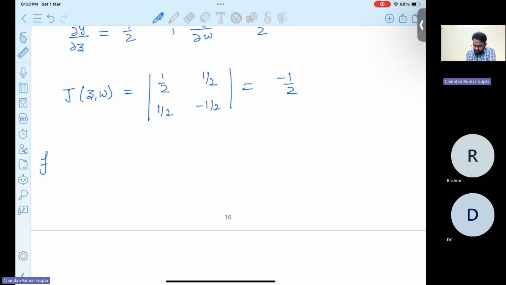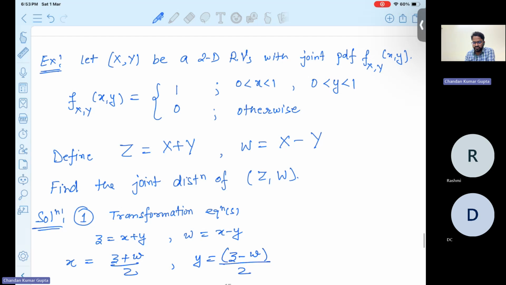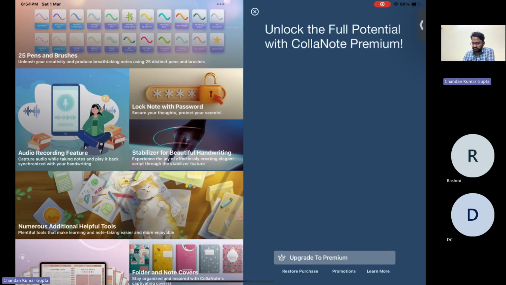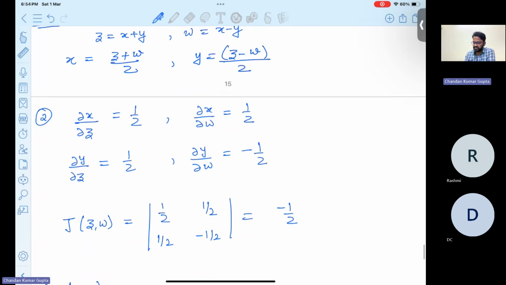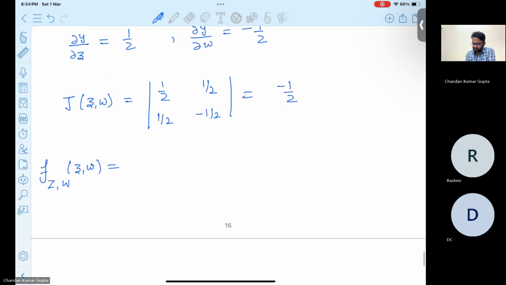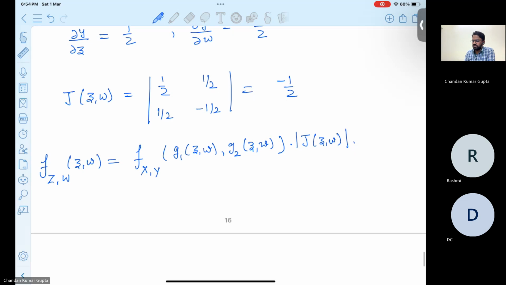So f z w: since the density is 1 and 0, there is no variable of x and y, so directly we write f x y of g1 of z w, g2 of z w, and then the Jacobian of z w.